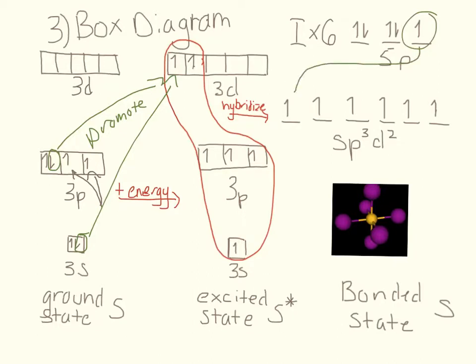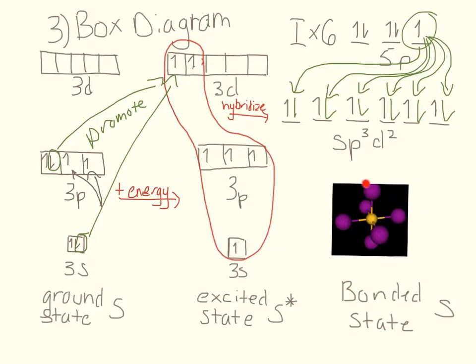So we're just going to draw lines there, showing that. And then we can fill in those parking spots, giving us what was shown in the VSEPR, an octahedral. And it is also shown in this picture right here. We have the iodide being shown in purple and the sulfur being shown in yellow.